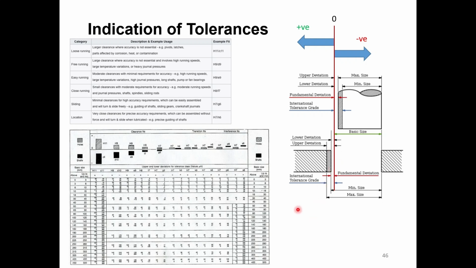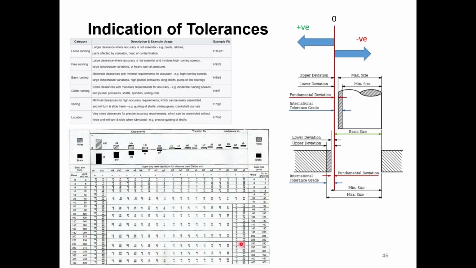When this happens, when the lower deviation of the hole is equal to zero, meaning that this line here aligns with the basic size, we have what's called the hole base tolerance system. Because we can also have a shaft base tolerance system if this line here coincides or aligns with this basic size line.